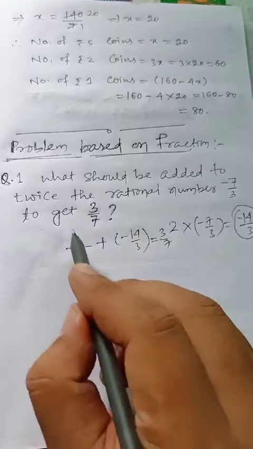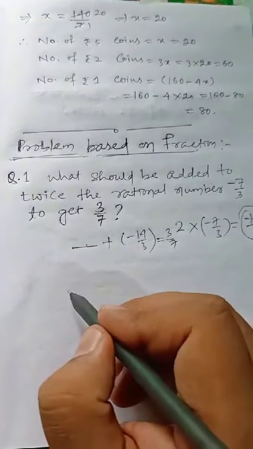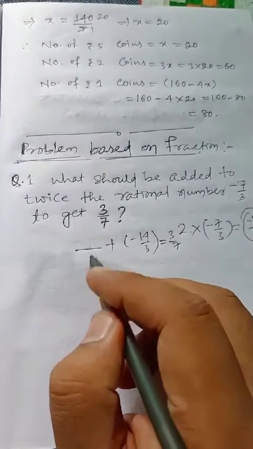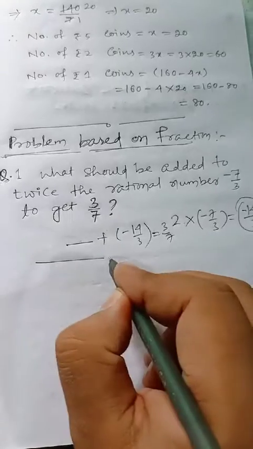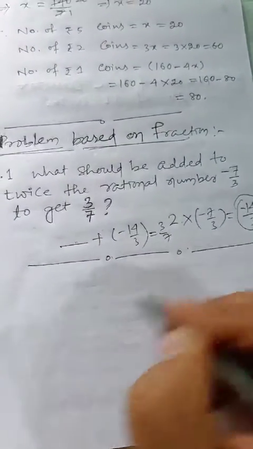As we do not know what should be added to minus 14 by 3, we should take a variable. So let us assume that the number is x.